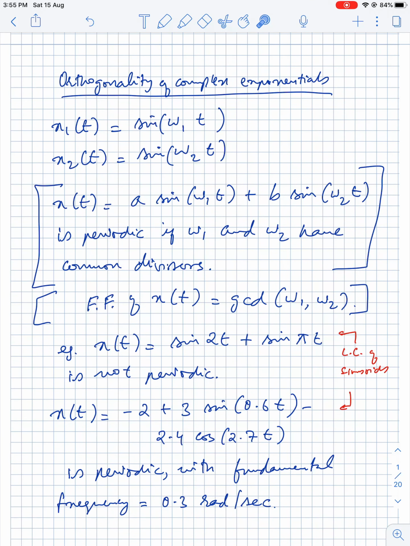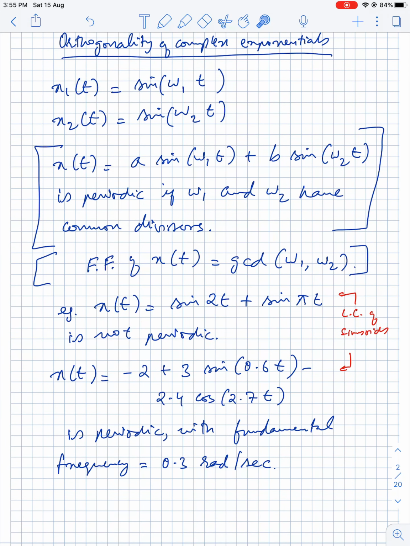Before we go into the Fourier transform itself, there is one topic which I thought we should just quickly go through, which regards the orthogonality of complex exponentials. For this, let us look at two sinusoids, x1 of t and x2 of t. x1 of t has a frequency omega 1 and x2 of t has a frequency omega 2.